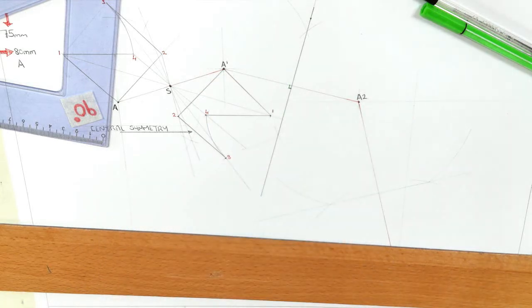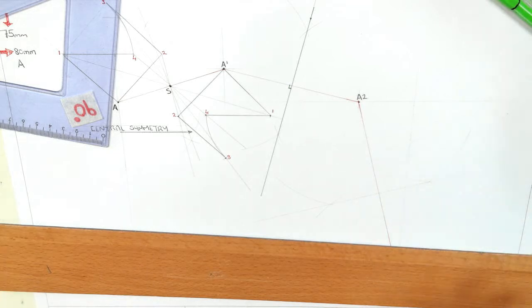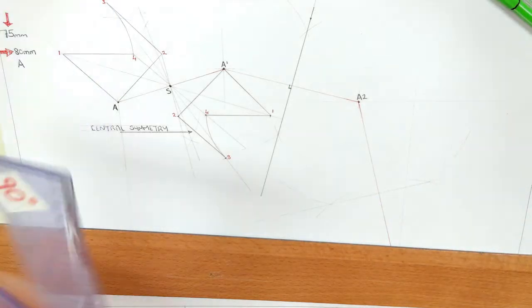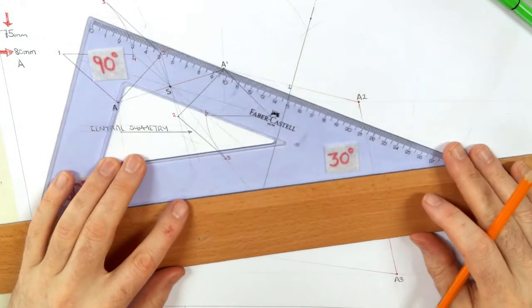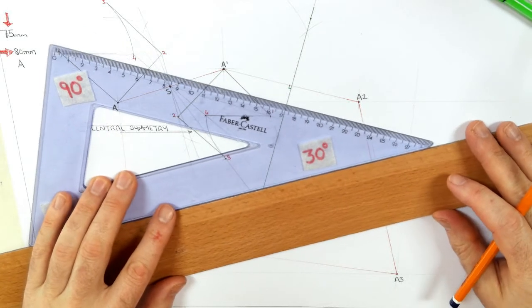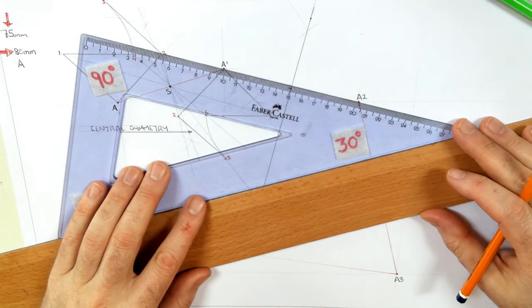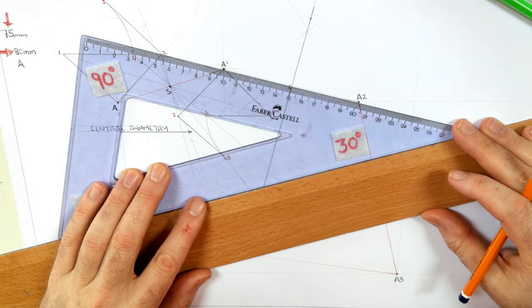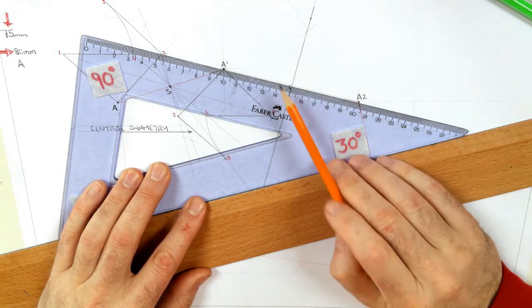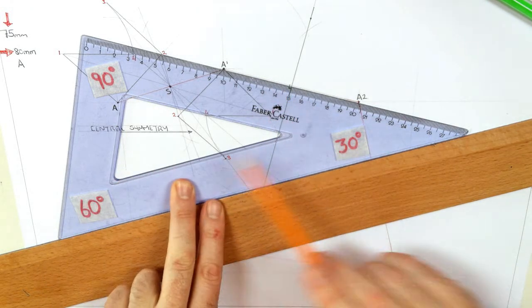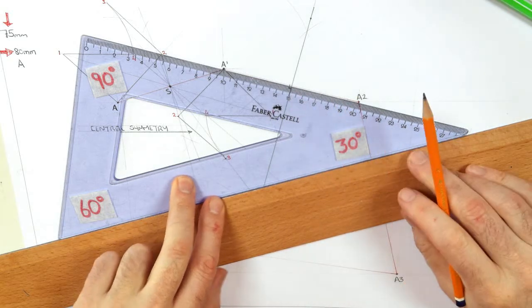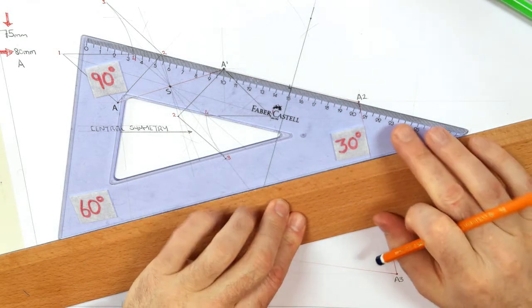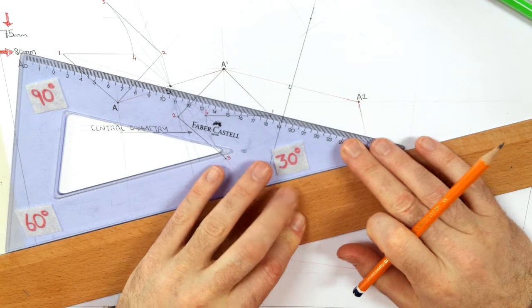Right? So again, we use the same approach. Take one point at a time and note it. So I'm going to move my T-square. I'm going to make sure my big set square, my 60/30, is parallel with that line. I'm going to hold my T-square and slide back the set square.